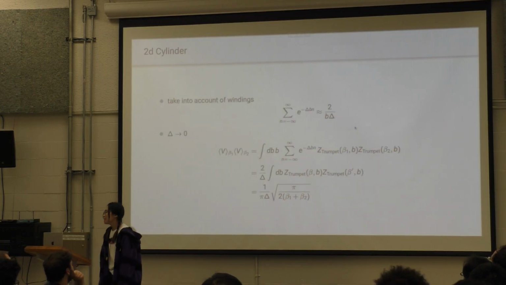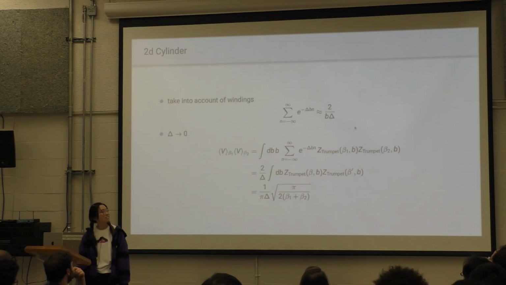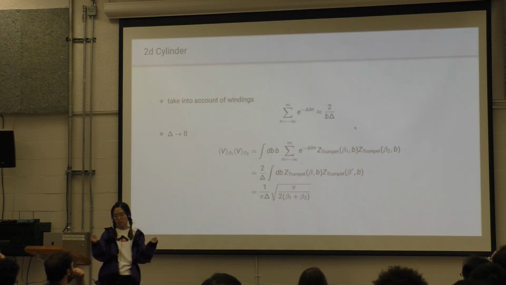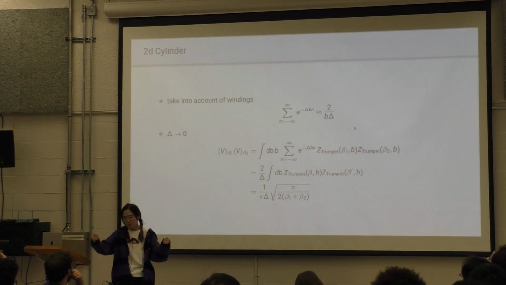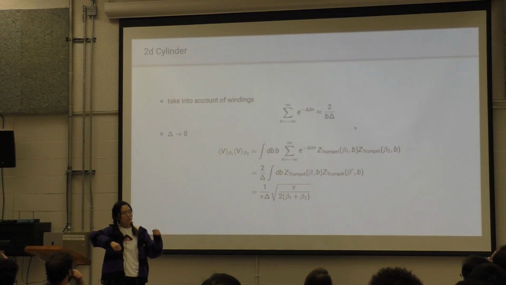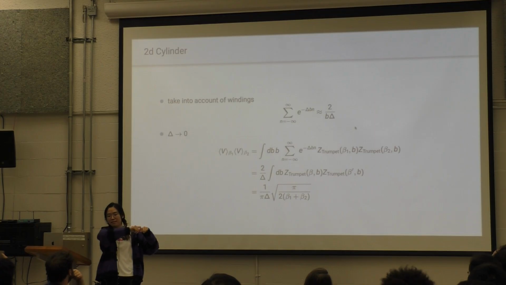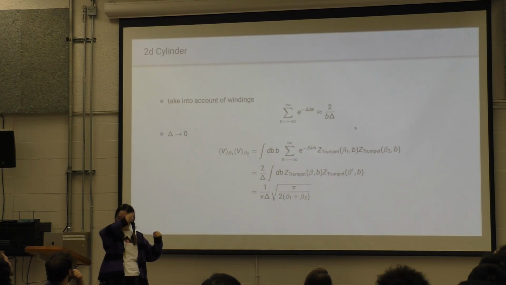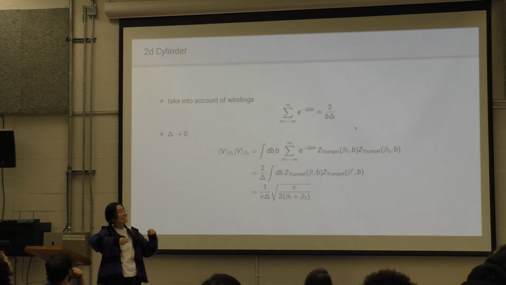So now, let's see how we can recover the left-hand side answer by doing the right-hand side thing. We do this by taking into account windings. When you include the geodesic, you don't just have it straight. You also need to include the case where this geodesic winds around the cylinder n times.